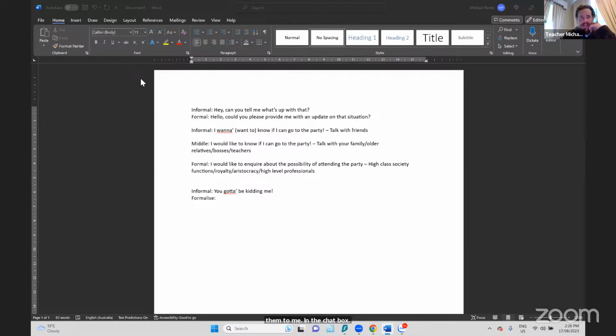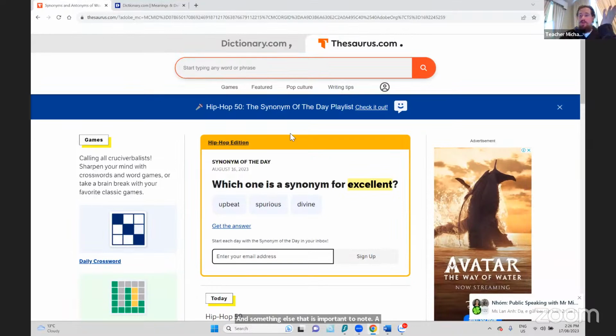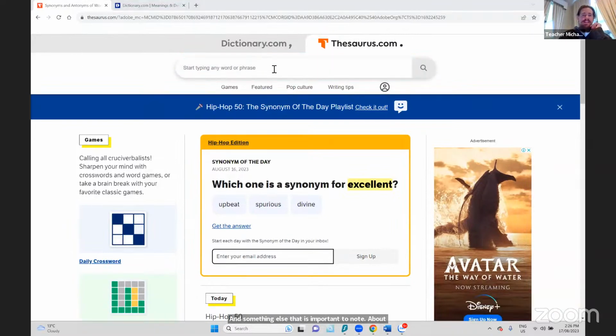Because remember, before we can deliver a debate speech, we need to write it out. So I want you guys to practice writing in formal English as well. And something else that is important to note about very formal English is that when you're looking up words in a thesaurus, it's very, very handy to then also check the definitions of those words in a dictionary.